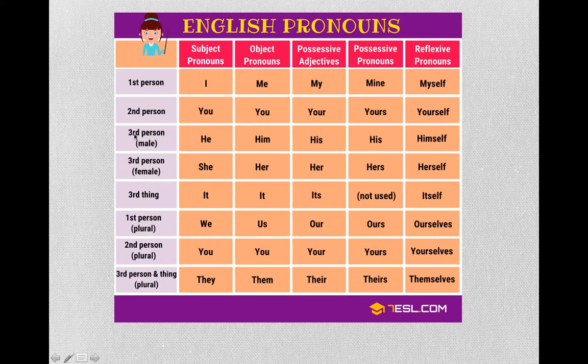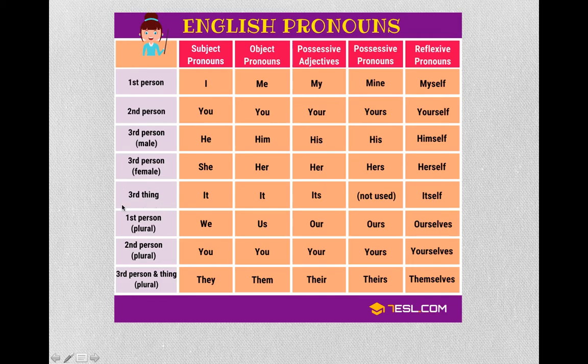Third person male pronouns: he, him, his, himself. If the pronoun is referring to a third person female, you'll use she if that's the subject, her if it's an object, her for possessive adjective, hers for possessive pronouns, and herself for that intensive pronoun. She did that by herself. She went there by herself.